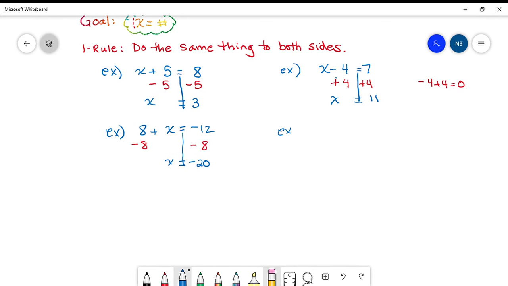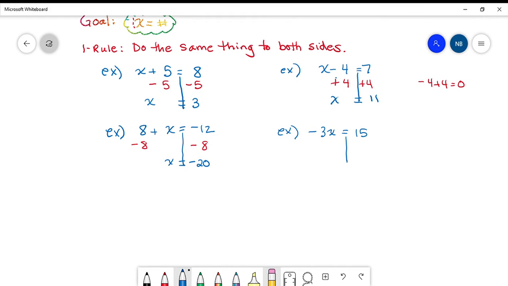Next example, negative 3x equals 15. Now, the number one difference with this equation is, notice I'm not adding or subtracting anything to or from x. This time, x has a coefficient of negative 3, and the understood operation between the negative 3 and the x is multiplication.